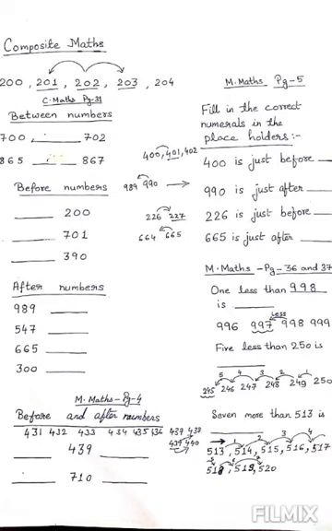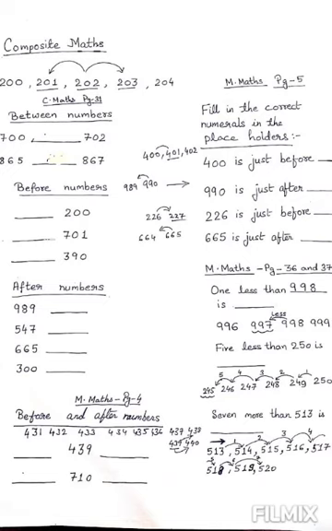Okay. Coming to page numbers 36 and 37. 1 less than 998. So 1 less means to find the lesser number, again we have to follow the format that we have done above. We have to go back. So 998, it will be 997. 5 less than 250.